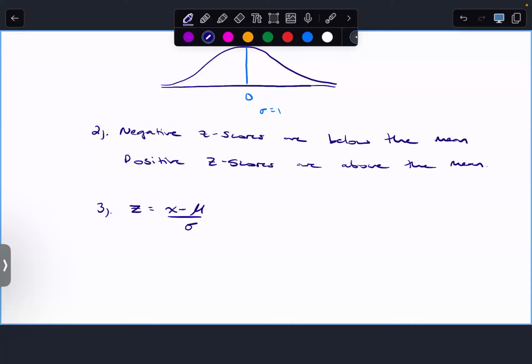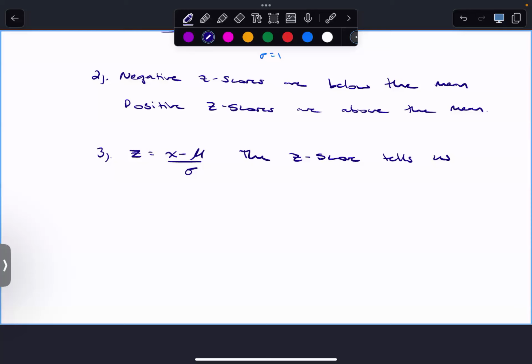The z-score tells us how many standard deviations, sigma, I'll put in brackets, right?